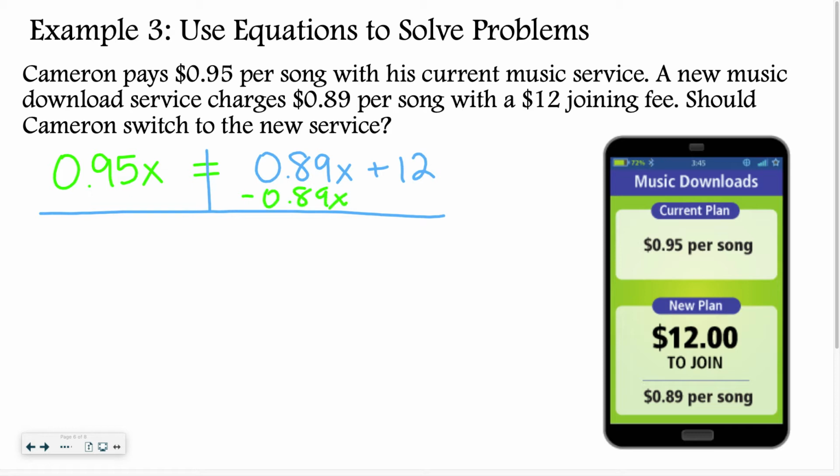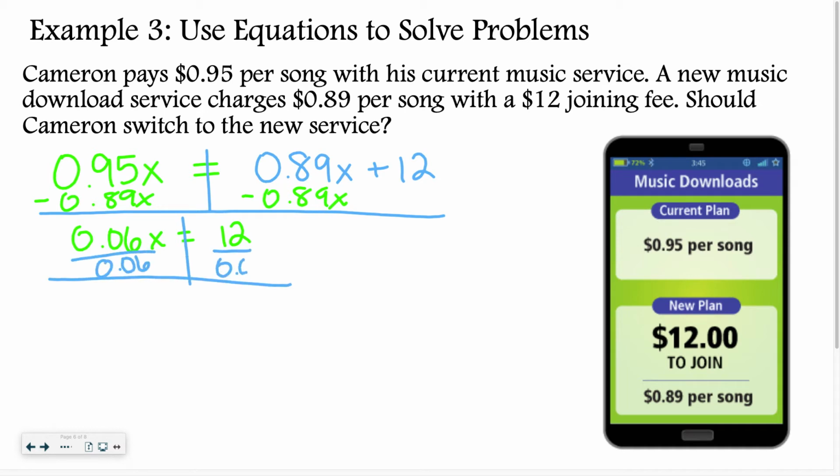If we subtract 89 cents from both sides, we end up with 0.06x equals 12. And then from there, if we divide both sides by 6 cents, we find out that at 200 songs, the plans are equal.